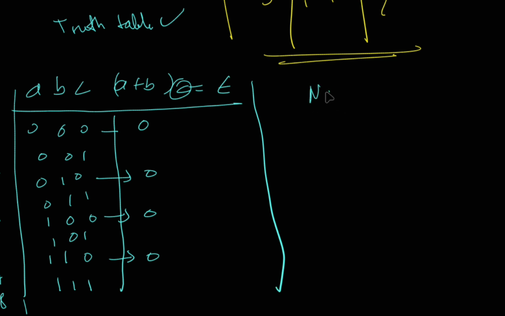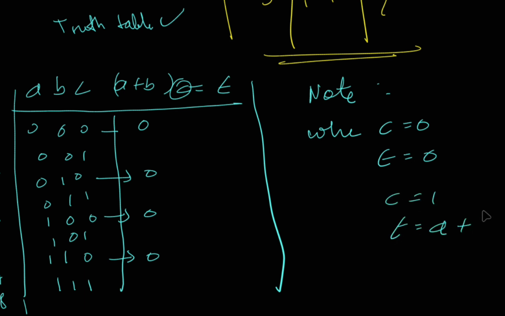This is the observation that you can make. When C equals 0, then E equals 0. Right? And when C equals 1, basically E equals A plus B. Because C is already 1. If C is 1, then it will only depend on A plus B. So this is the idea.